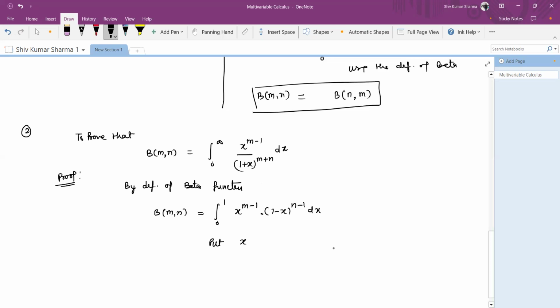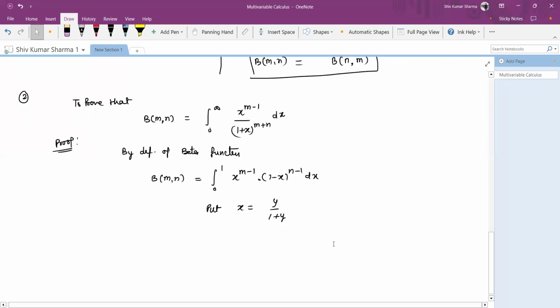So when we use the substitution, we put x is equal to y upon 1 plus y. We also see the result to prove, beta(m, n) equal to x raised to the power m minus 1 upon (1 plus x) raised to the power m plus n. That's why we take y upon 1 plus y.